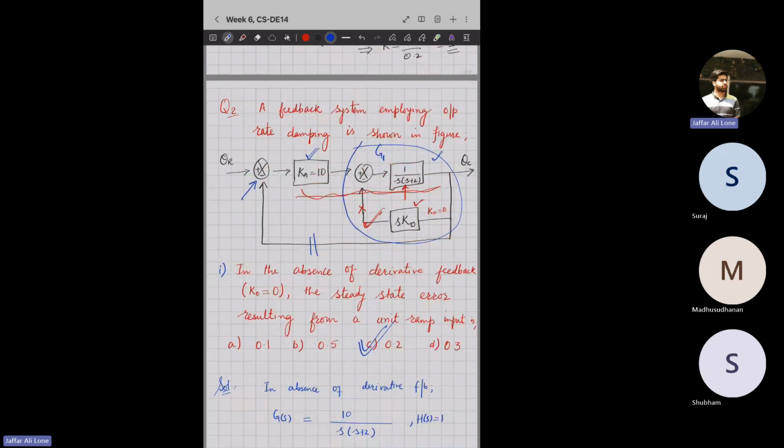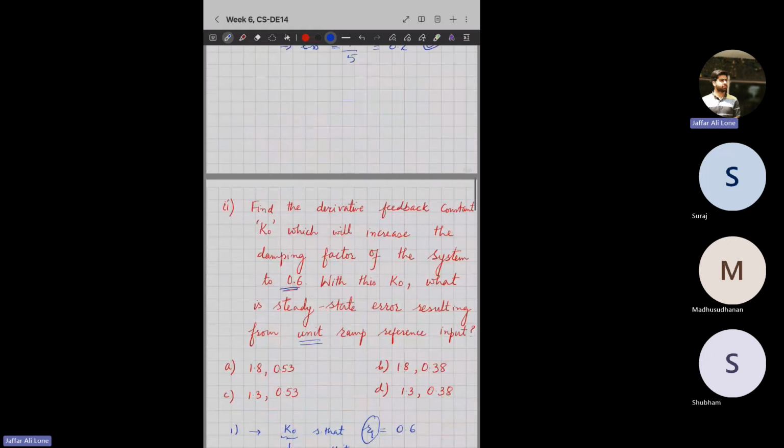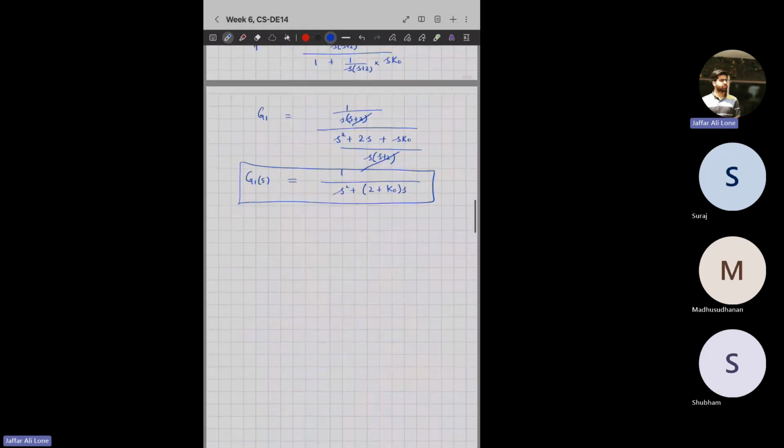So my net resultant open loop transfer function, which I will name as g2, will be 10 into g1, which is equal to 10 divided by s square plus 2 plus k naught into s.